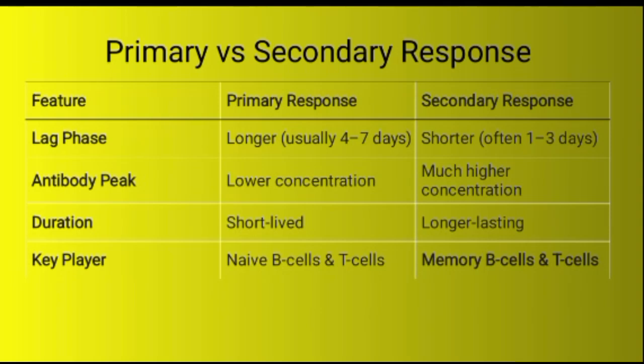Then the key players are naive B cells, which are the plasma B cells, and the T cells in the primary response. Whereas in the secondary response, already the naive B cells produce memory B cells and other differentiated T cells like the T helper cell and the T cytotoxic cell.